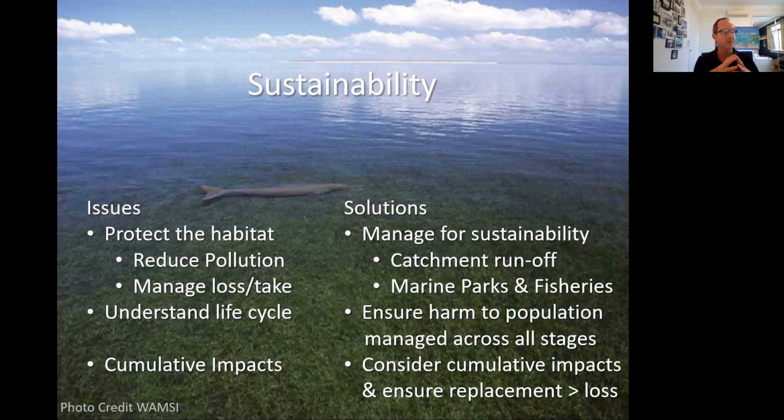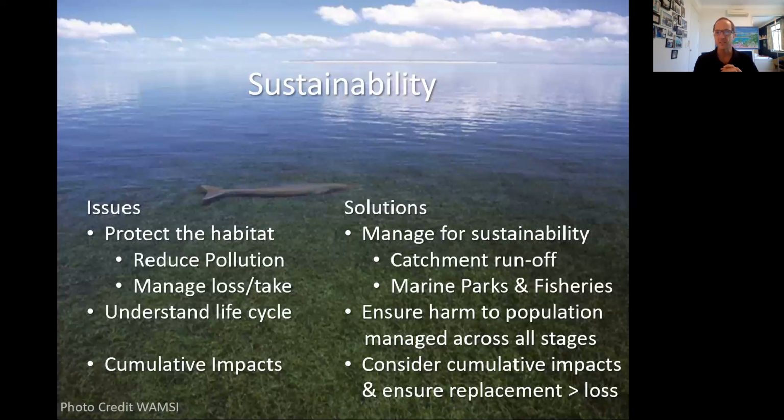The issues are that it's important to protect the habitat. That means reducing pollution and managing not just the take or the harvest, but also the loss. There's a good example where a UQ researcher looked at dugongs in Moreton Bay, asking if we increase the death rate by just one individual per year due to boat strike, whether that potentially pushes the population to a decline to extinction rather than maintaining itself.